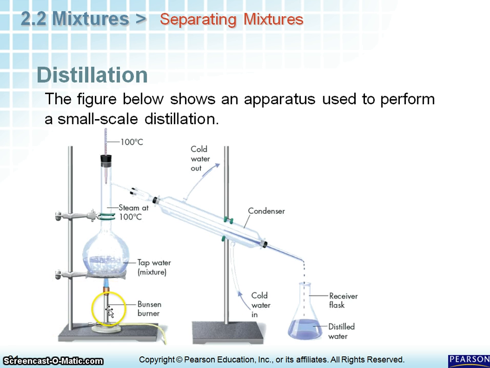You have your Bunsen burner, which heats up your tap water, this is your mixture, and the steam, we all know the boiling point of water, 100 degrees Celsius, comes through this tube, and then the cold water passes through this way and out this way.